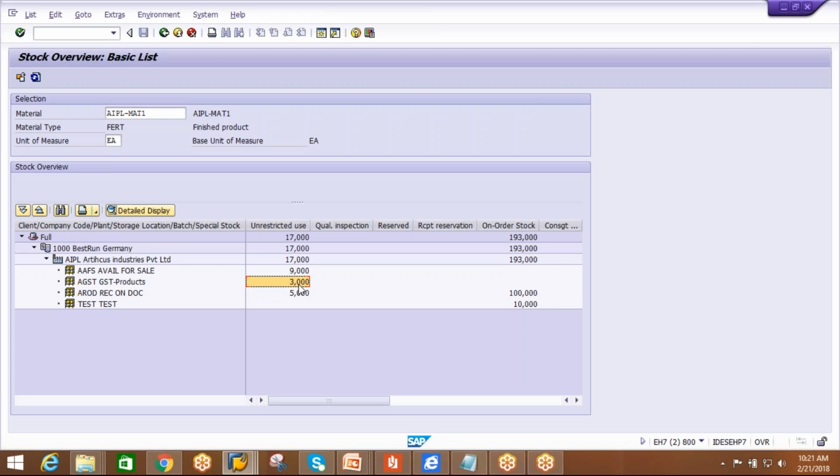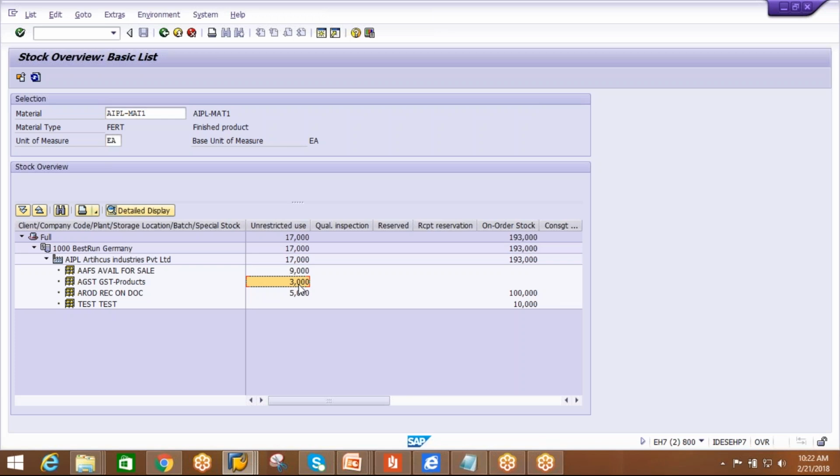Okay, if you want to manage it with our GST storage type in the warehouse process type, there you will get another error that the storage type should be managed with the role staging area group.